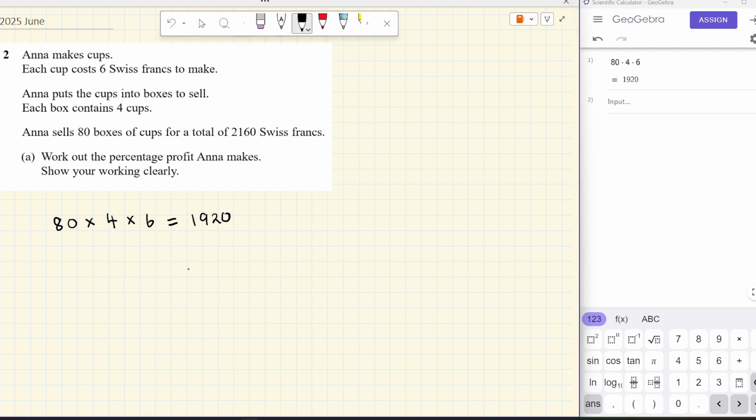So we need to find the percentage profit. Percentage profit equals profit over cost into 100. So cost we found, then we need to find profit.